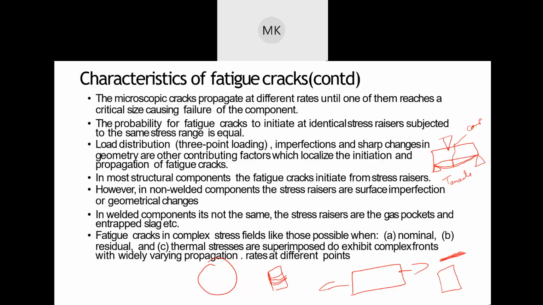The disadvantage is, let's say I don't have a fusion point happening at a certain point, and I have a huge void in that material even before I start loading. The cracking would start around this void. Let's say I have a gas entrapment or a huge void or a particle of a foreign material just added to it by mistake.